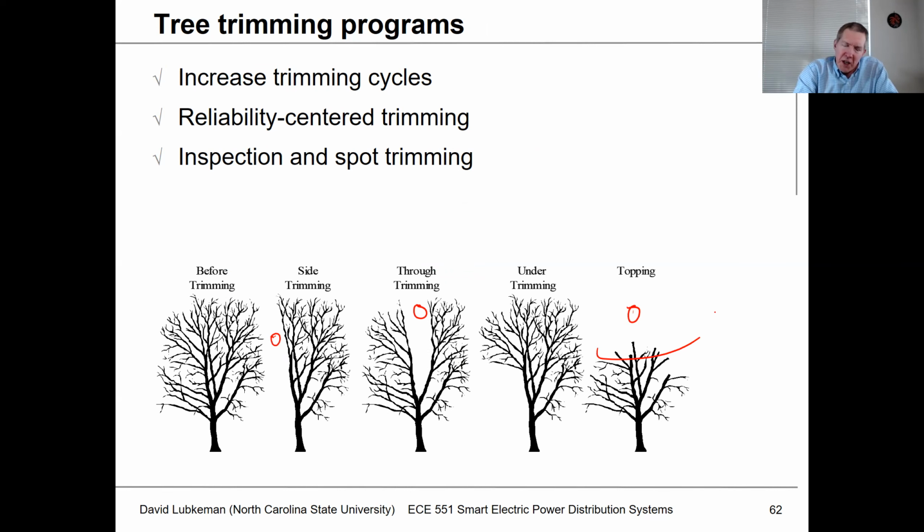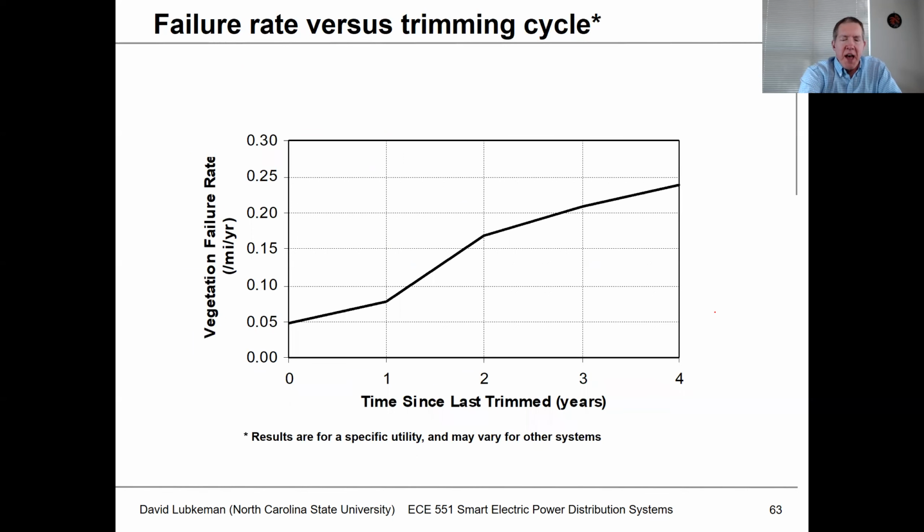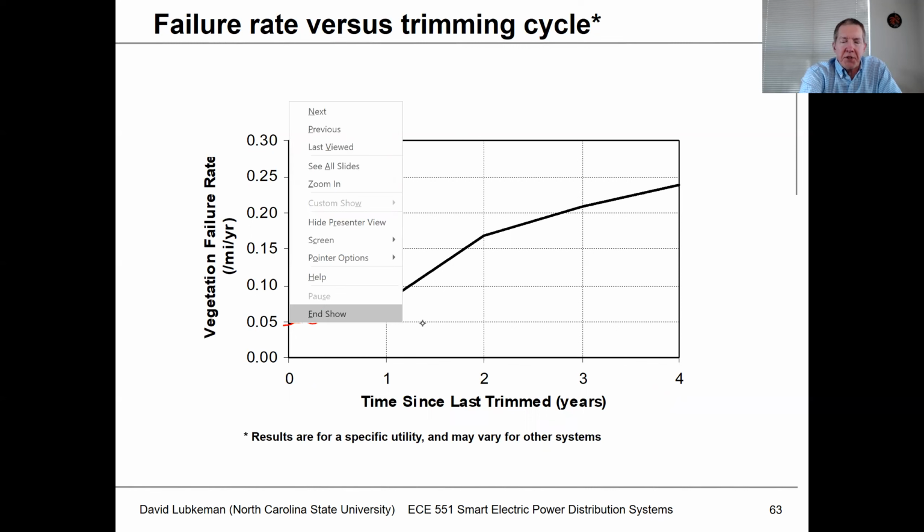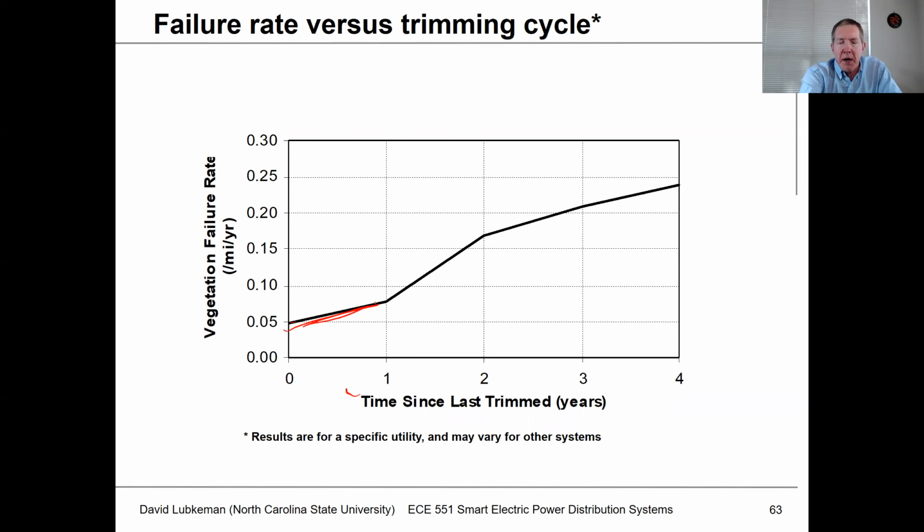So after you do tree trimming, as the trees grow back, the failure rate just starts to creep up, right? And then year by year, it gets worse, until at some point it just gets really, really bad.